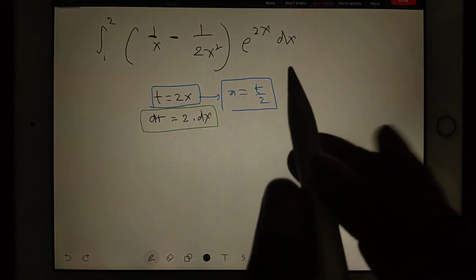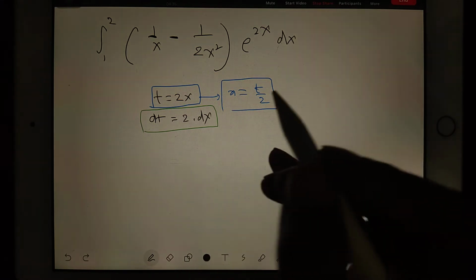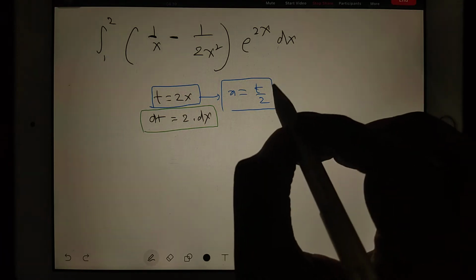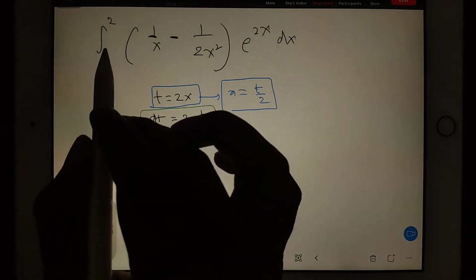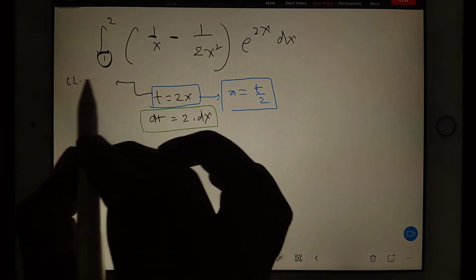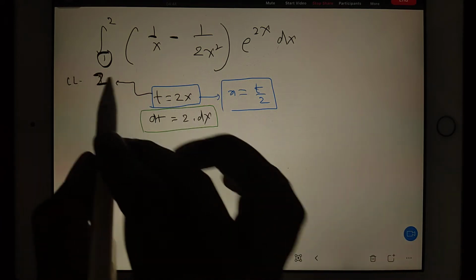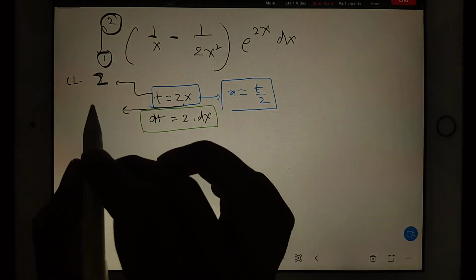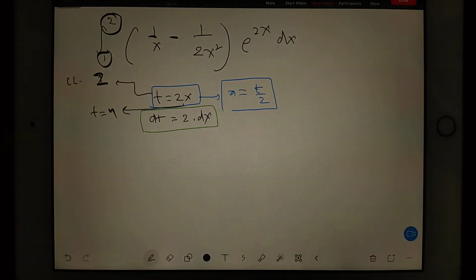Whenever we are changing the variable, it is always favorable to change the limit also, because it consumes less of our time. So for the lower limit x = 1 we get t = 2, and for the upper limit x = 2 we get t = 4. So 2 and 4 we are getting.